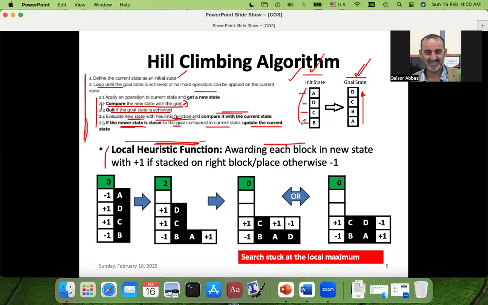So we will start with this initial state. If I move this A down, I have applied one operation, and then I got a new state. Now you will understand awarding each block in a new state. Whatever the new state you have, you award each block +1 if it is stacked on a right block or place.